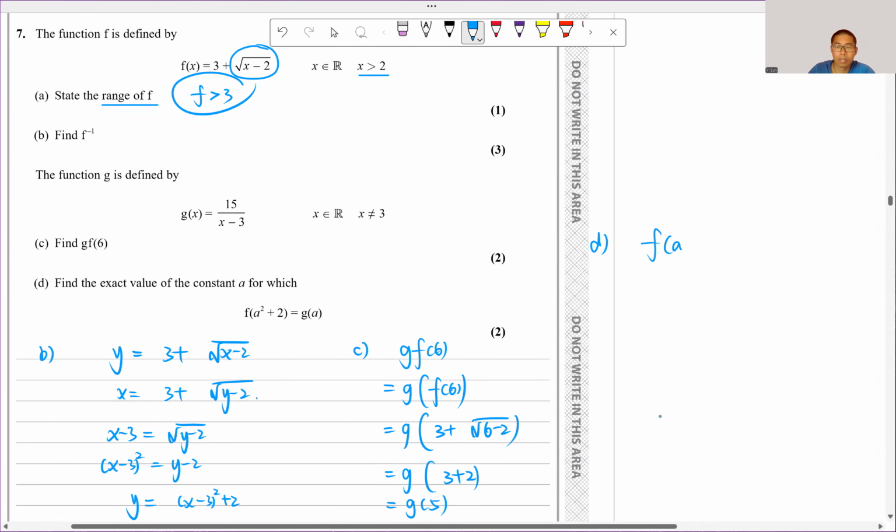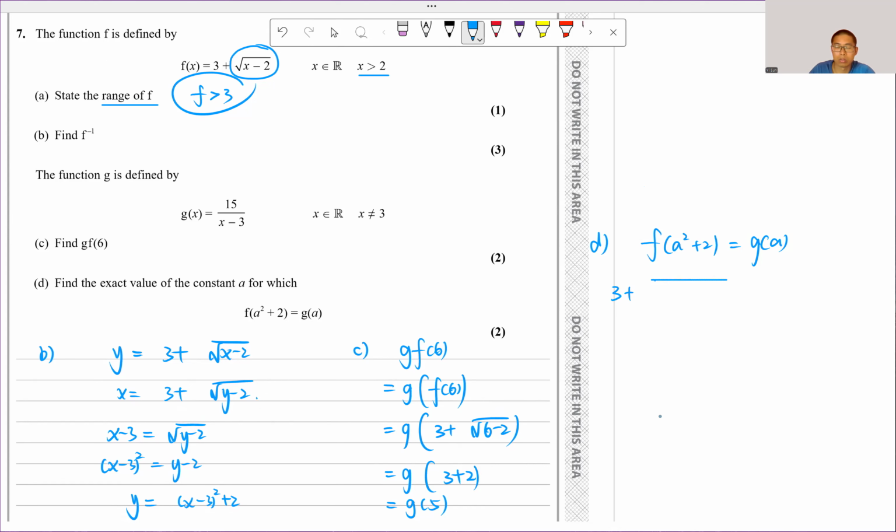Then f(a squared plus 2) should equal 3 plus the square root of, so instead of x, we have a squared plus 2, minus 2, equal to g(a), which is 15 over a minus 3. So we have 3 plus the square root of a squared equal to 15 over a minus 3.